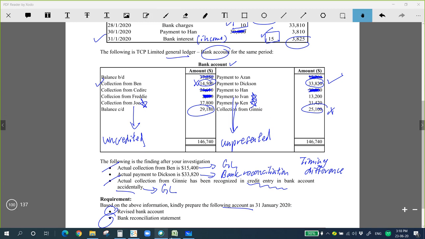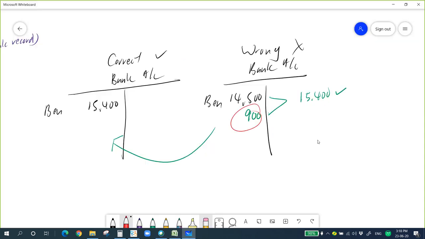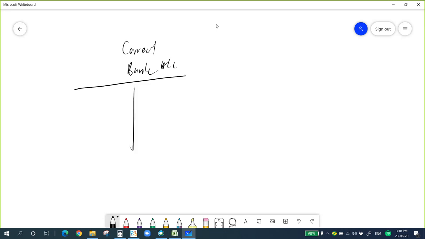So the correct one should be bank account from Genie. The amount is what? 25100.